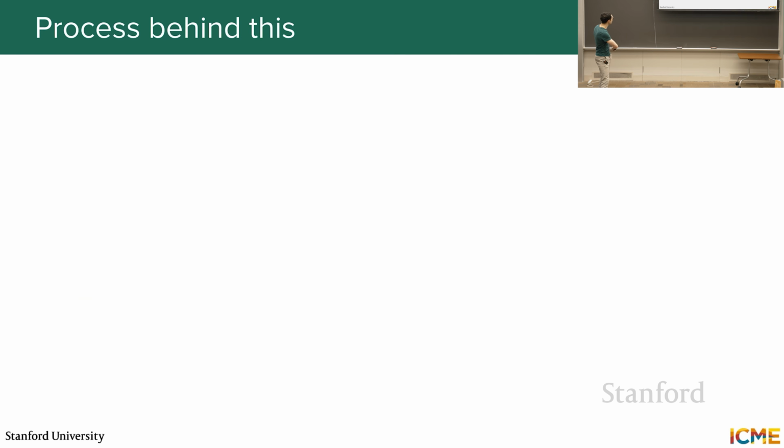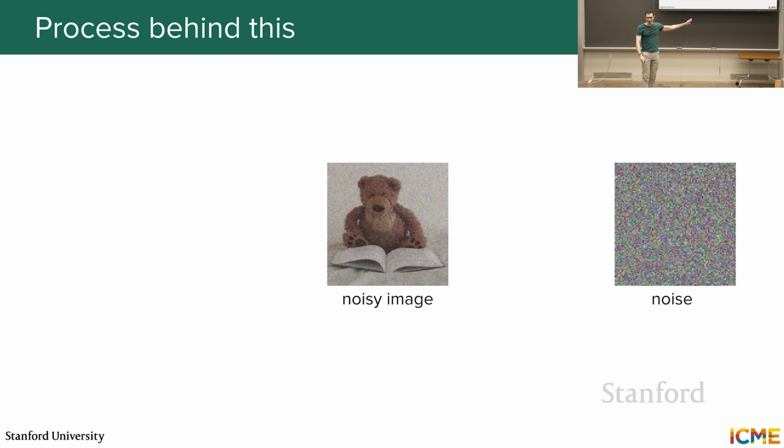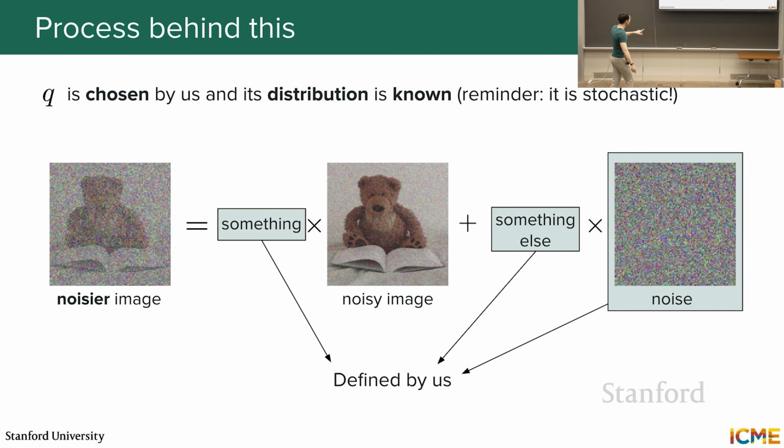But yeah, let's continue. As I mentioned, what we want to do is take clean images and corrupt them. So we take some image, and we add some noise. We add these quantities in a weighted fashion, and these weights are defined by us. If you remember, when we talked about Q, the forward process is something that we define.